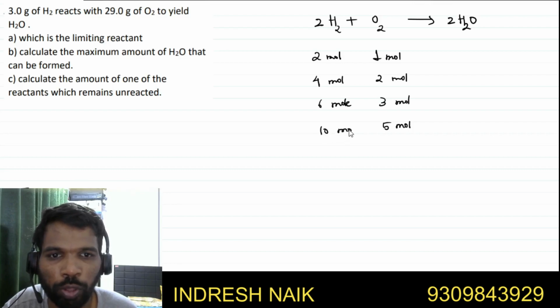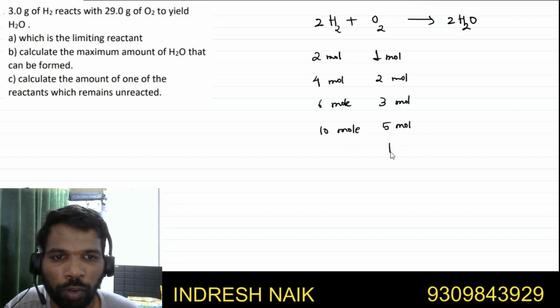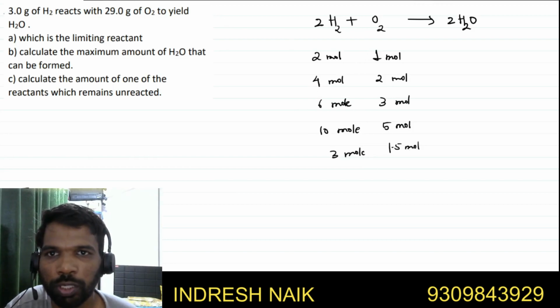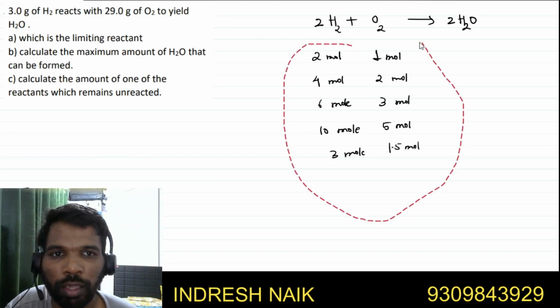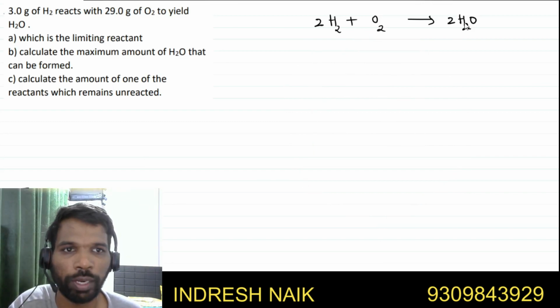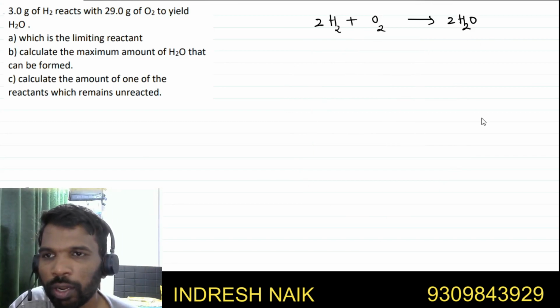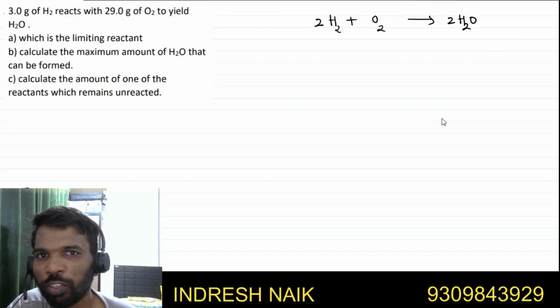I can write it both ways. If this is 1.5 mole, this should be 3 mole, right? So this is the relation between both the species. If the moles react in this ratio, then you will get a particular amount of water, while one of them is the limiting reagent.